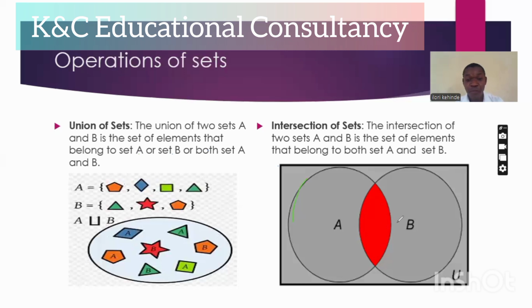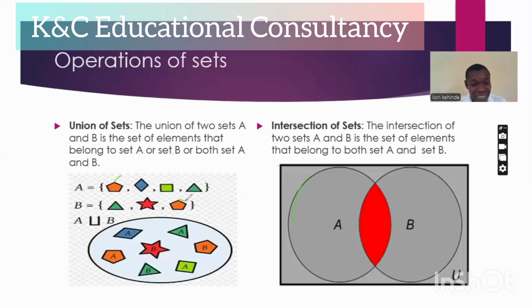This red region is the area that describes the intersection of the set of elements of A and B. Now, coming back to this first figure, you can see that the objects that are common to A and B are what? Look at it. This figure is also common. That's the pentagon.